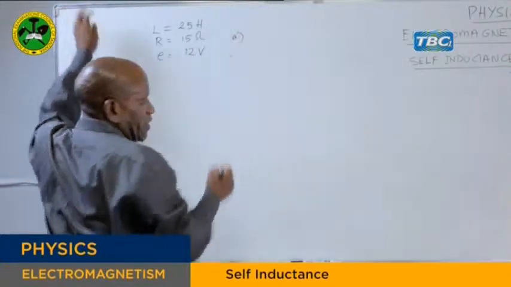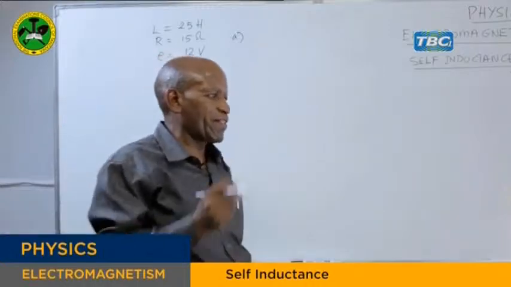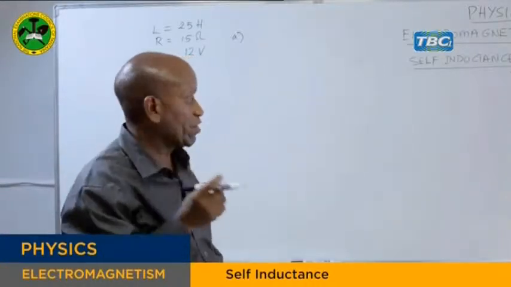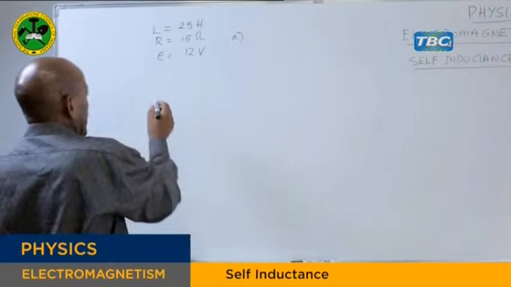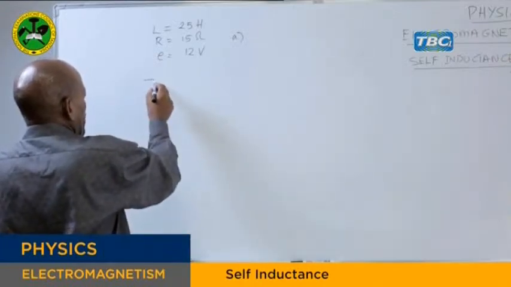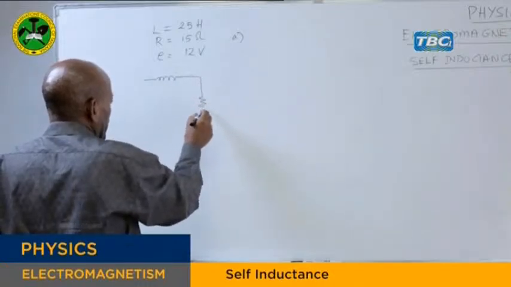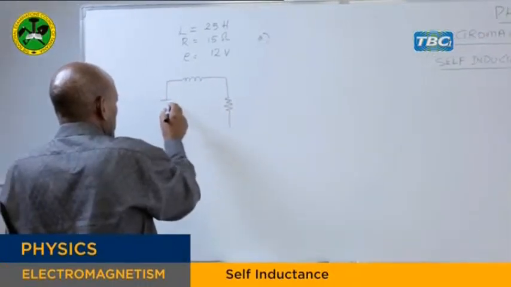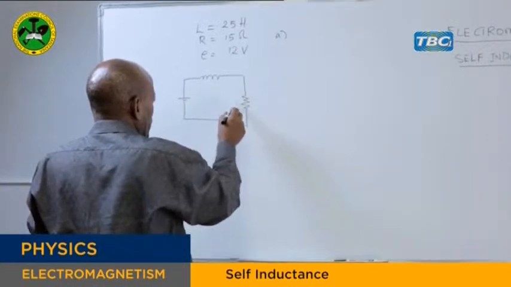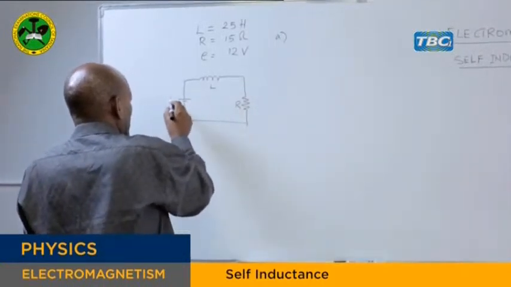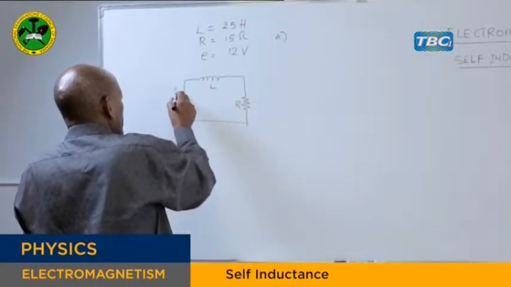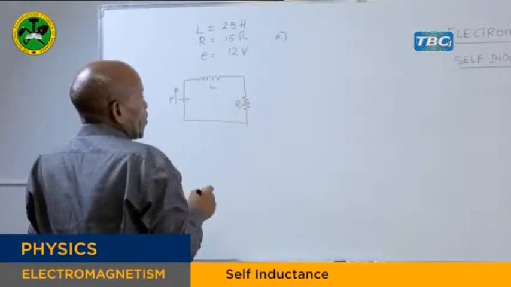To determine the rate of change of the current immediately after closing the switch, you have to know that we are talking about an inductor and a resistor connected to a battery. So this could be a resistor, this could be an inductor, and this could be a battery producing an EMF.